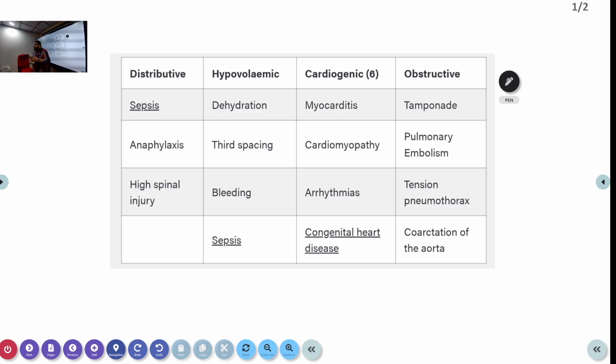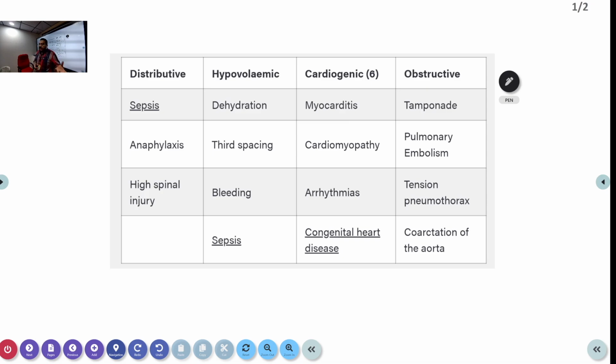That is the distribution, which is why it is called a distributive shock. It is distributed to the peripheral circulation, and as a result there is peripheral vasodilatation. So because of this, what is happening? What is your blood pressure? Blood pressure is basically your cardiac output into your venous return.